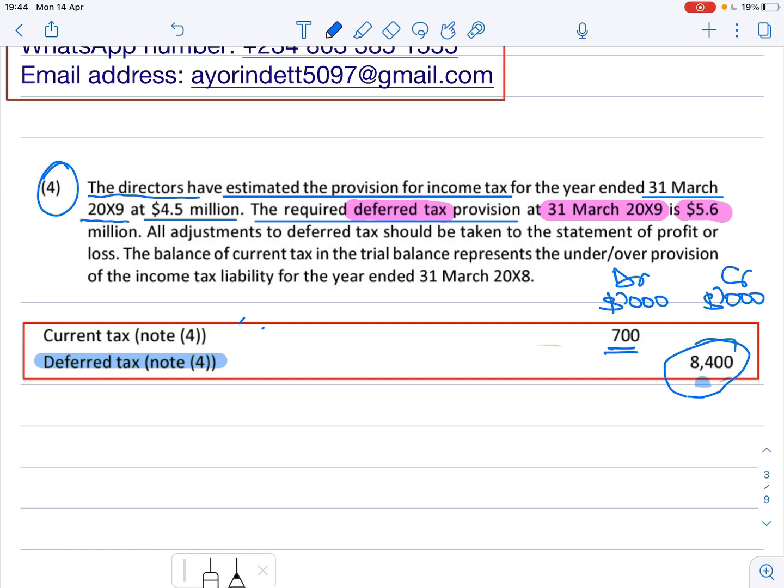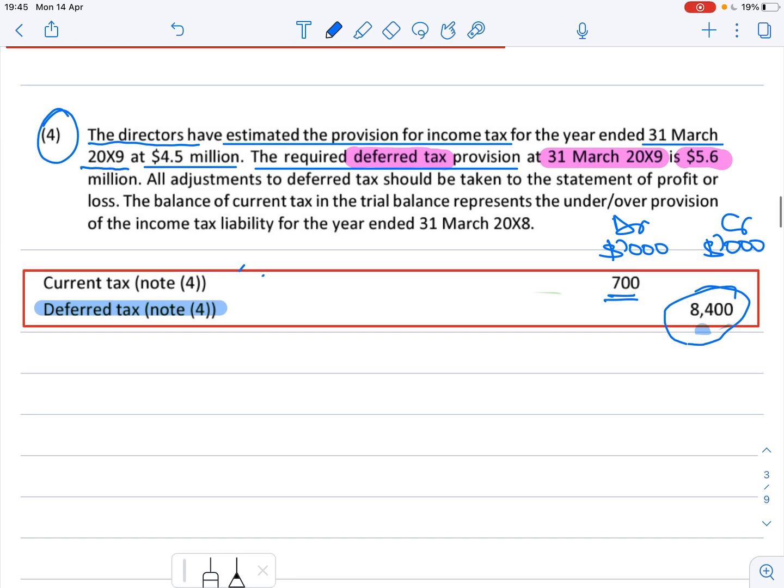So what will be the double entry? Well, the double entry is going to be you are debiting the statement of profit or loss, and then the corresponding credit entry will go to your current liability. So this 4.5, I can quickly write the double entry for you. So it's going to be debit your statement of profit or loss with 4.5, and then the corresponding credit entry.